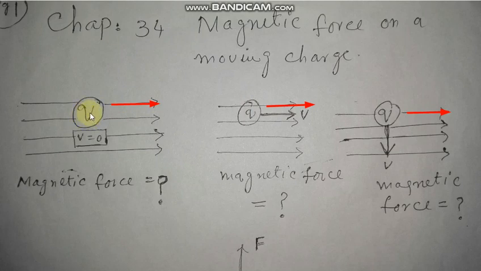But in figure number 1, the charge q is having zero velocity.